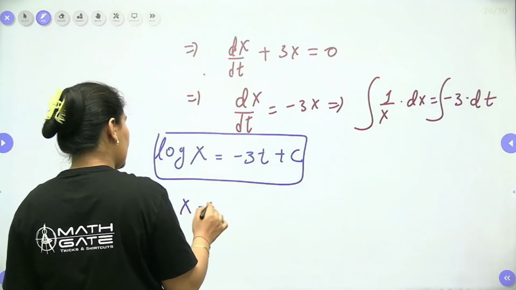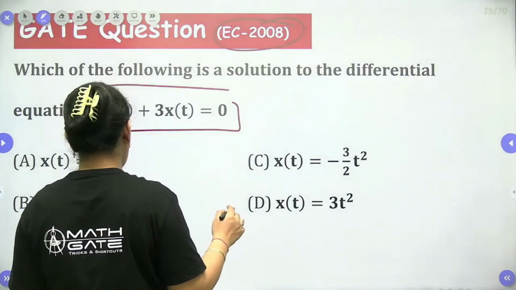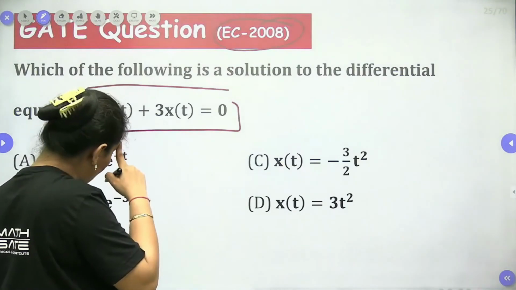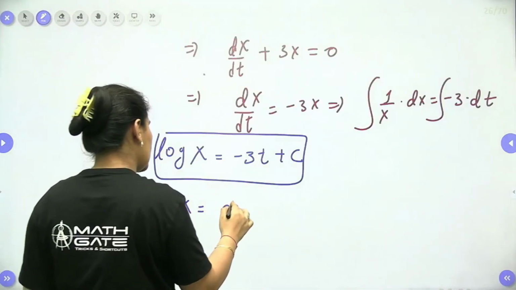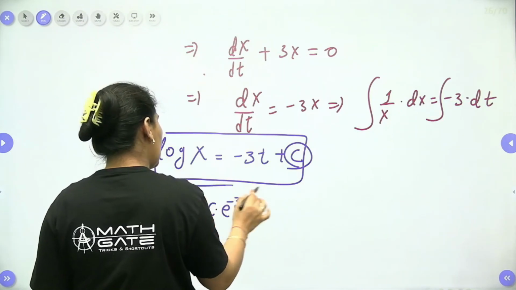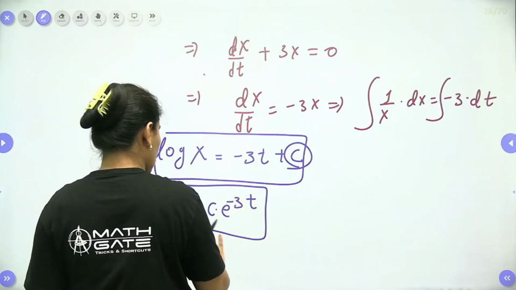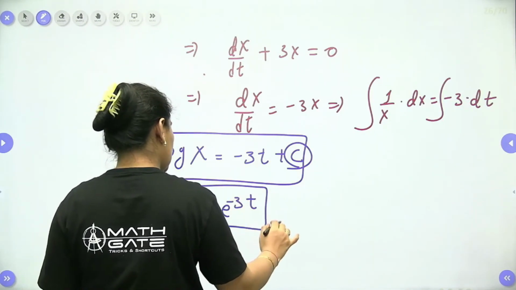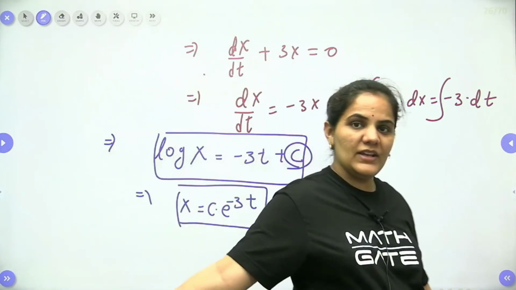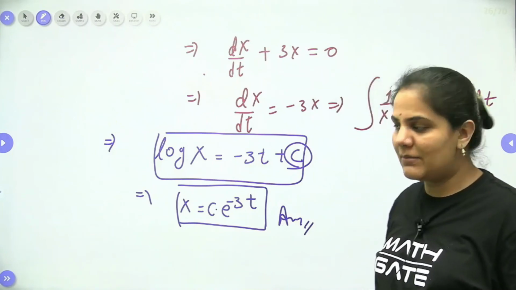So don't worry, we can write x is equal to e to the power minus 3t. The constant can be anything, so you can write x is equal to c into e to the power minus 3t. If we have any form like this, then only that will be my answer.